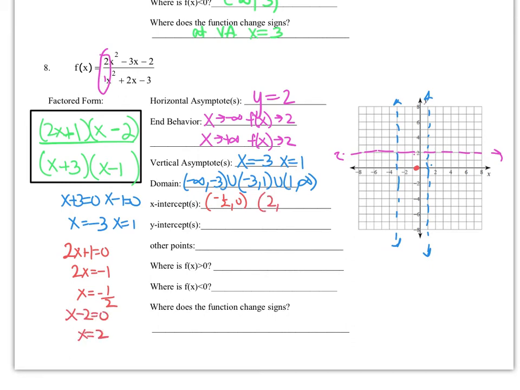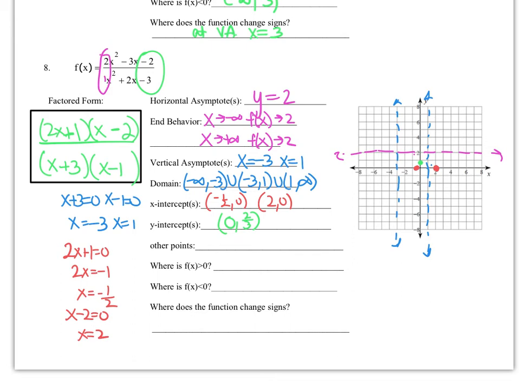So that's this point. So it also helps us get a good idea of what our graph looks like. And our y-intercept is your ratio of your constants. So that'll be 0, 2/3. And then we're just going to need some other points to fill in the gaps.